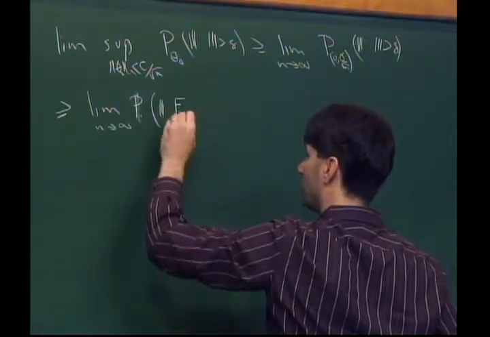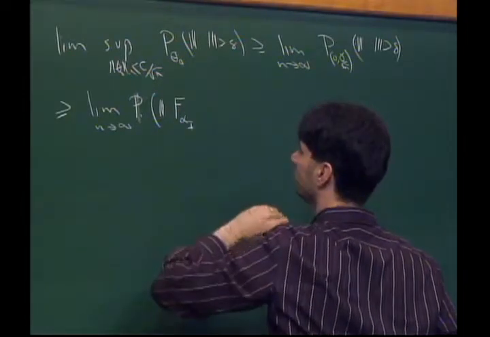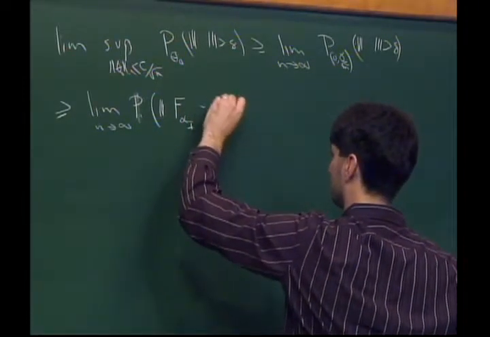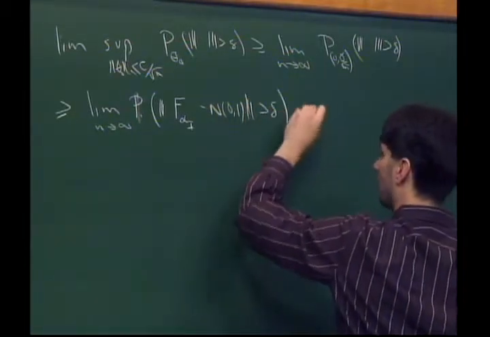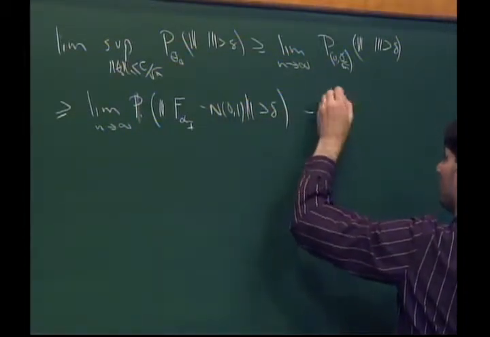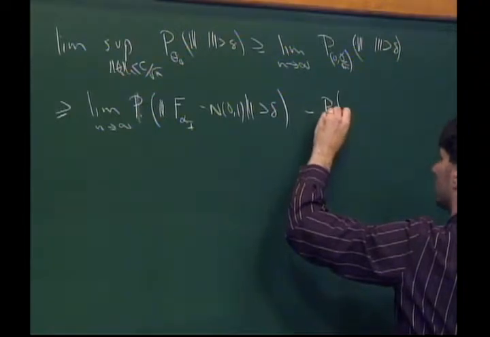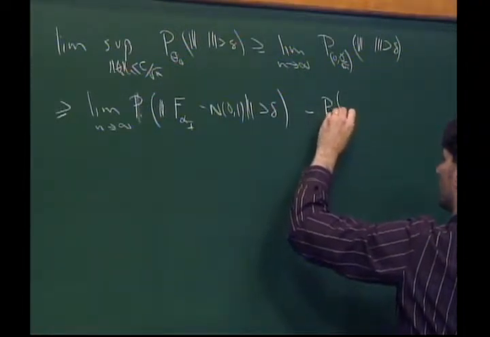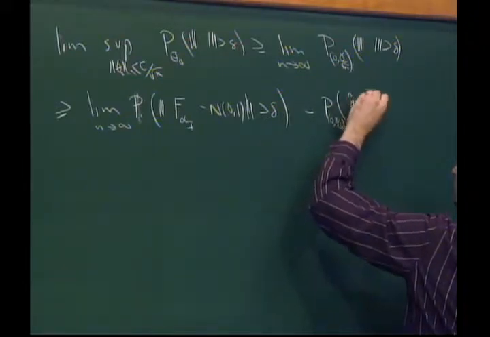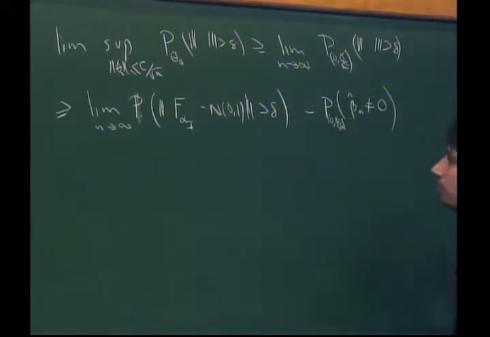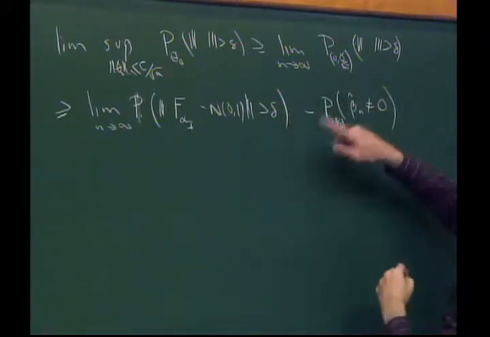Now that is at least the limit as n goes to infinity of the probability of the distribution using the first model minus the probability that beta hat n is different than 0. So what's the difference from this line to this line?